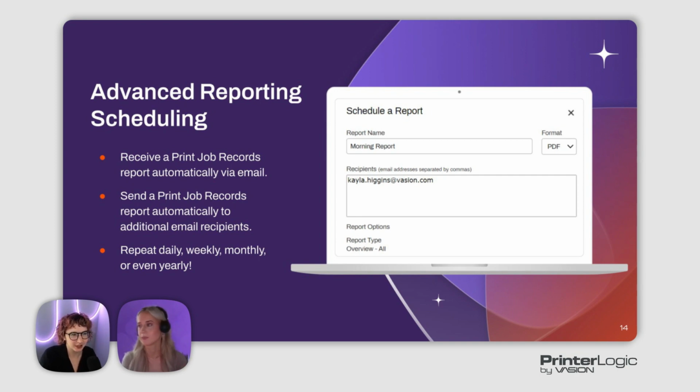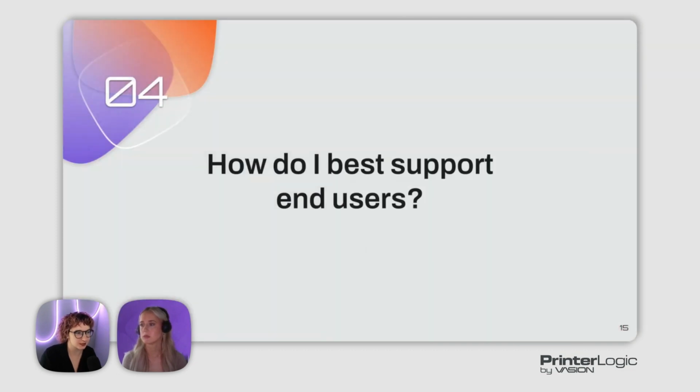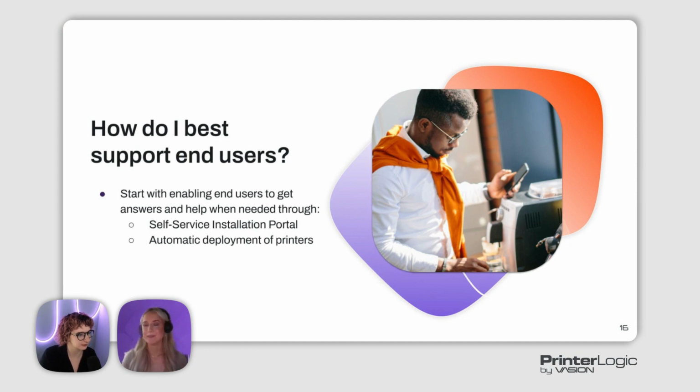So we touched on end users a little bit here, but what is the best way for us to support end users using PrinterLogic? Of course, yeah. I know that we keep mentioning this, but definitely the self-service portal. The reason we keep mentioning it is because it's the most popular feature that PrinterLogic has to offer, as it's pretty UI friendly to the end users.